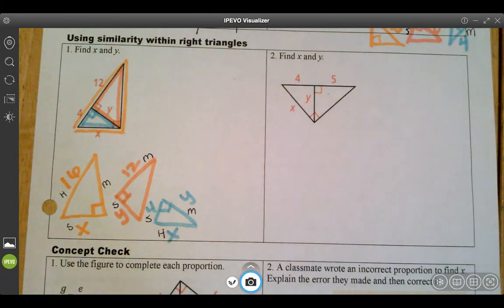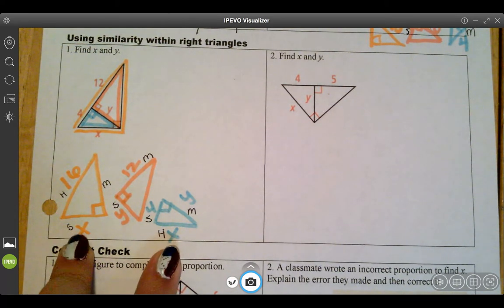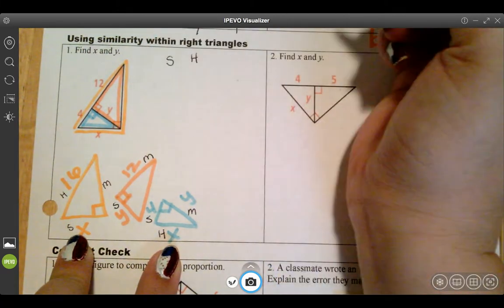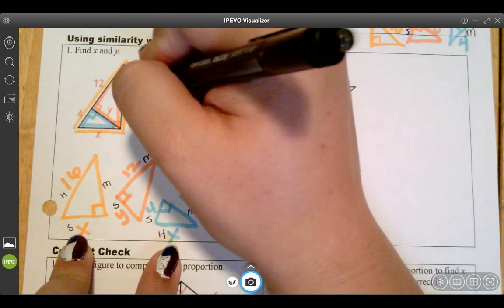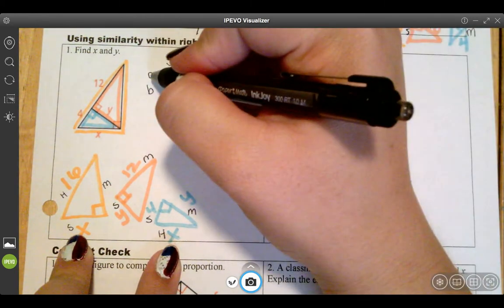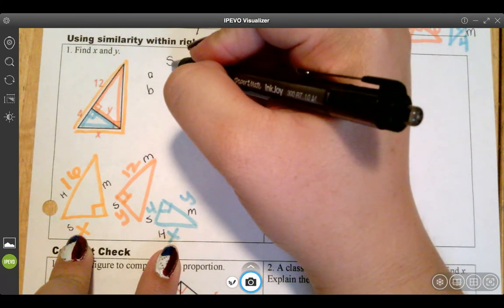So let's try and find x first. So I'm going to say, here's an x and here's an x. How do I set up a relationship between these? So I'm going to say small and hypotenuse, and I'm using the orange and blue triangles. So the orange, small, is x.